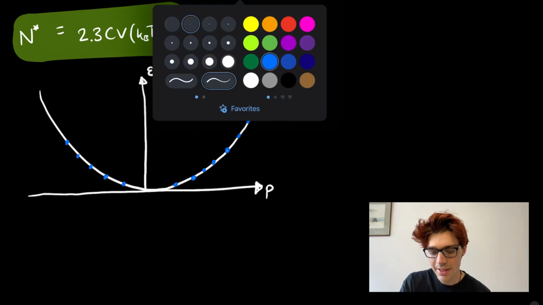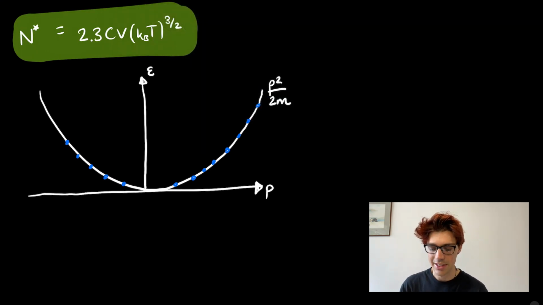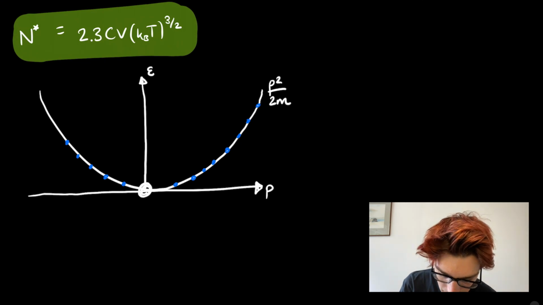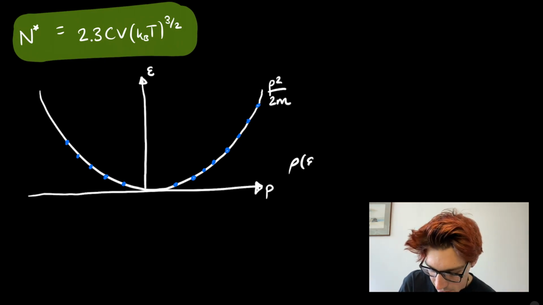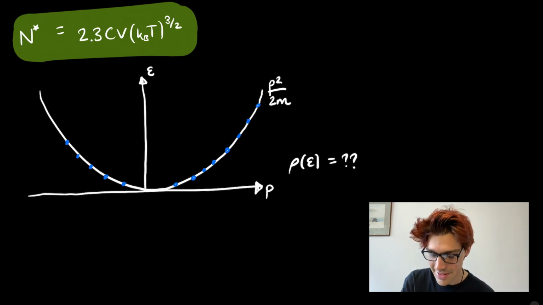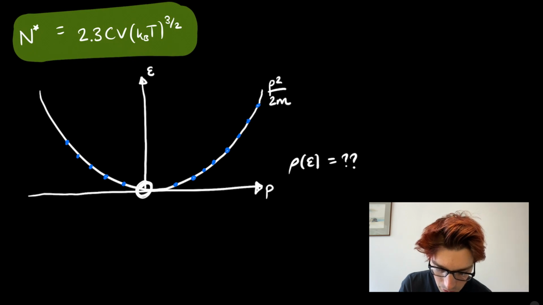But there's one state that we didn't actually consider. It's this one right in the middle. The density of states function does not accommodate for this. It only deals with states that are above zero, but it doesn't technically describe what's going on right at the center point.